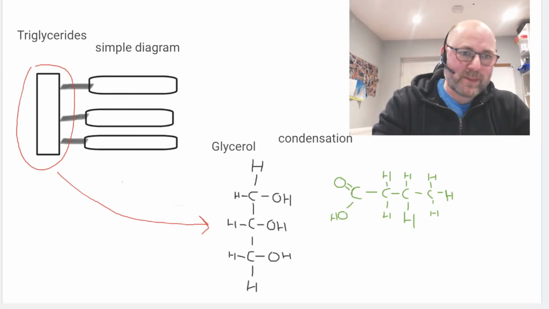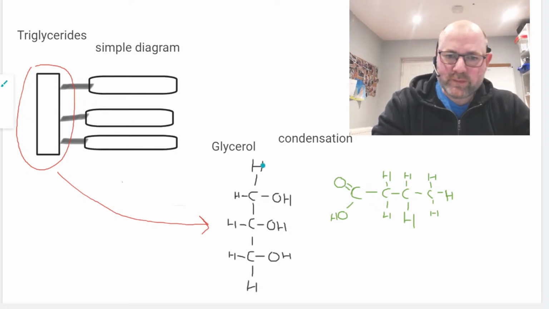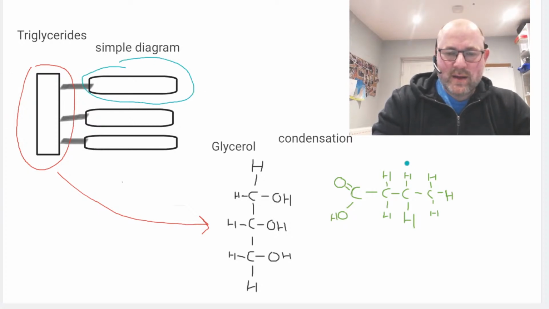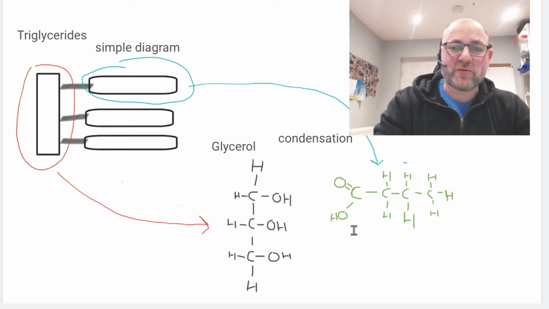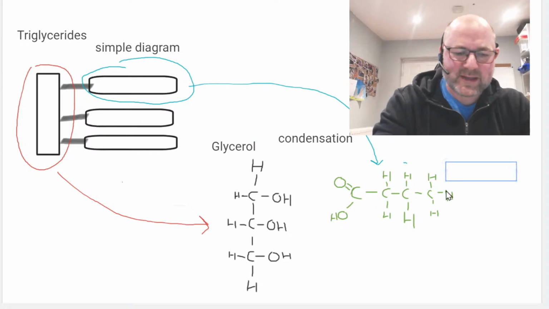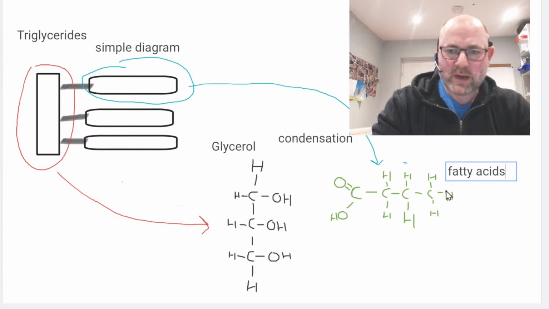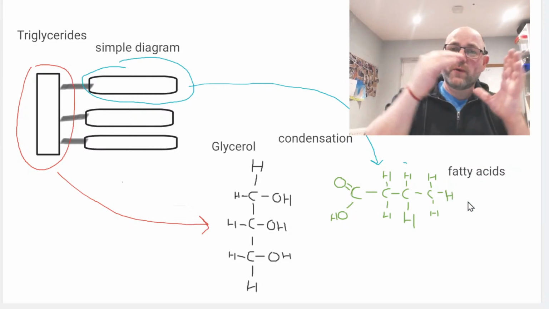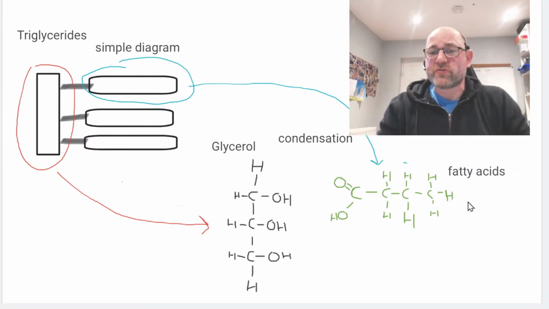And what happens here is we have another molecule. This molecule over here is a fatty acid. Now you need 3 of these fatty acids to join with 1 glycerol, and they make a triglyceride.